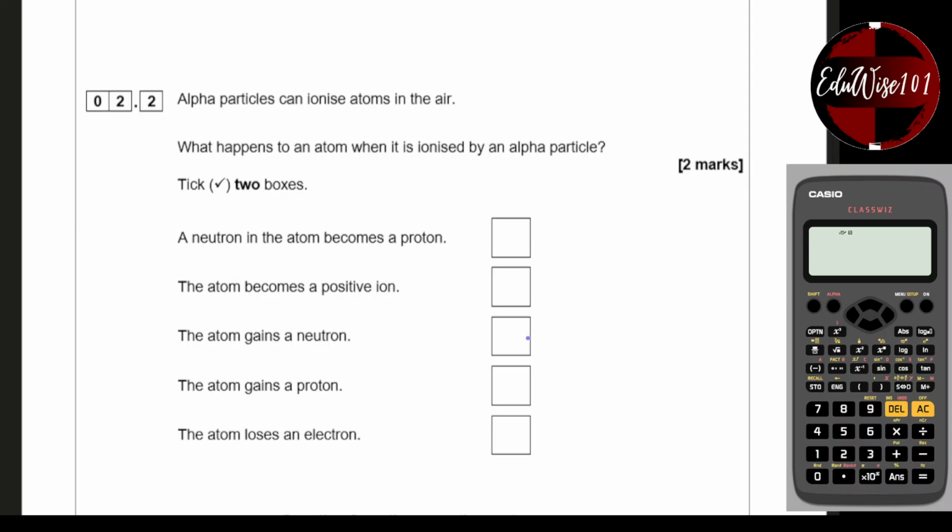Question 2.2. Alpha particles can ionize atoms in the air. So remember again, in terms of chemistry, ionize is to add or remove electrons from another atom.